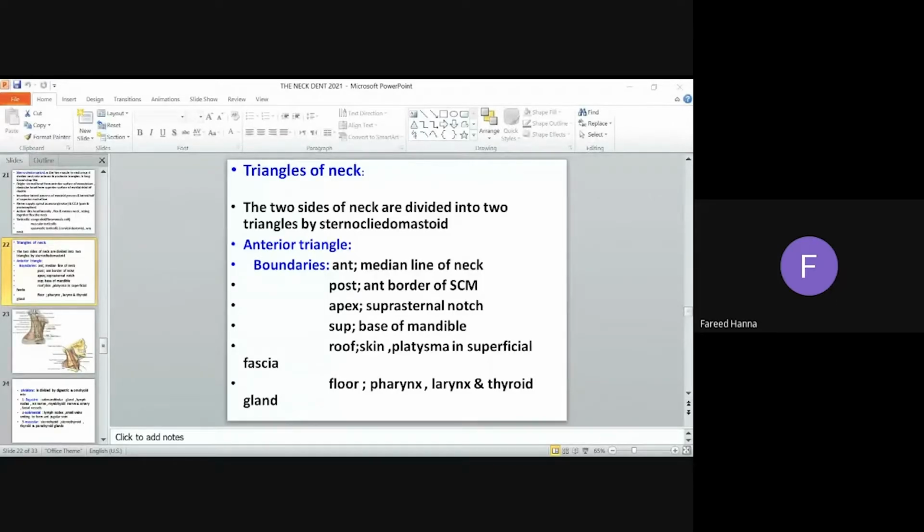Now, this muscle encloses another triangle above, a portion of the anterior triangle, bounded by the base of the mandible with stylomandibular ligament, the anterior belly of digastric and posterior belly of digastric. This triangle is called the submandibular triangle or digastric triangle. It's part of the anterior triangle.